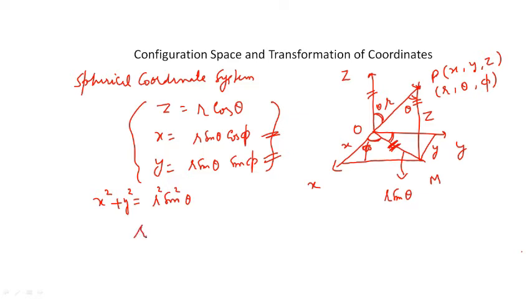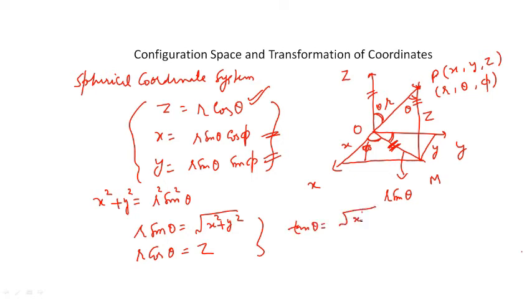So here your r sin theta is equal to root x square plus y square, and from here you know that your r cos theta is equal to z. So from here you can find tan theta is equal to root x square plus y square upon z.